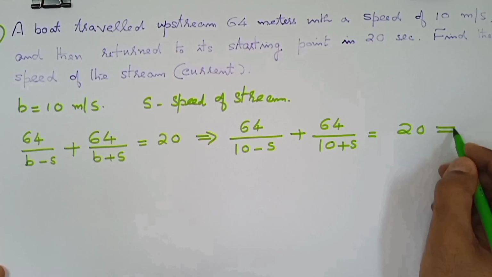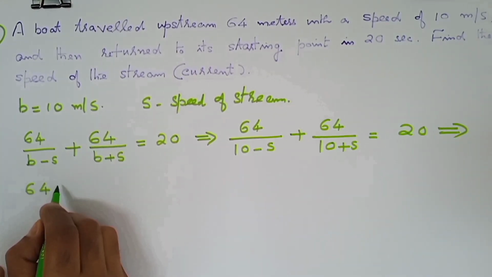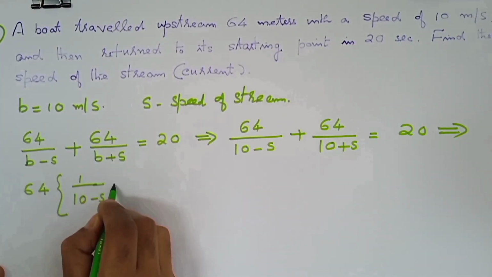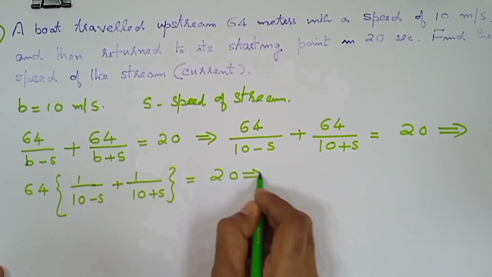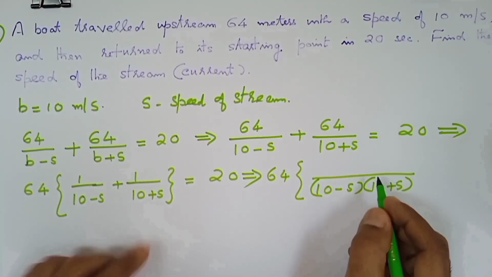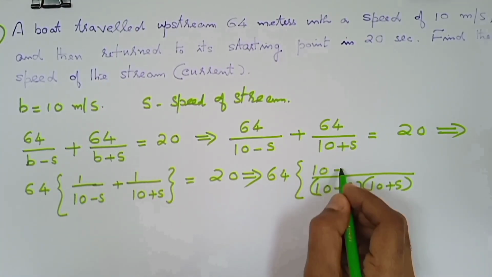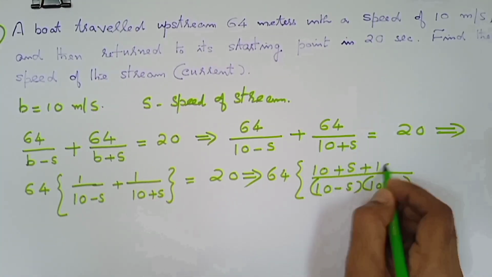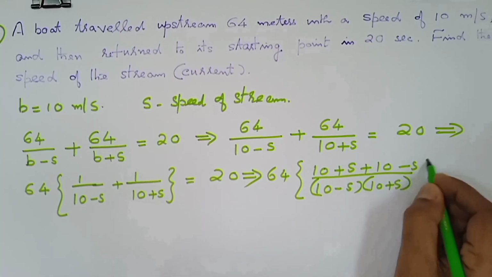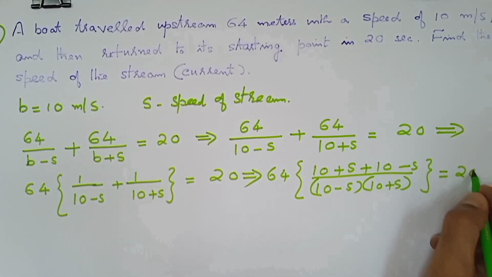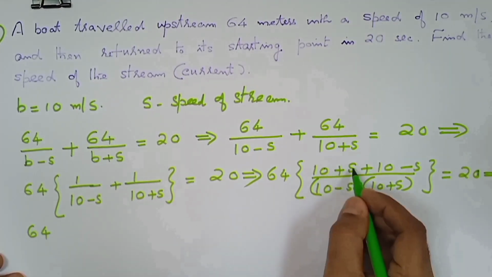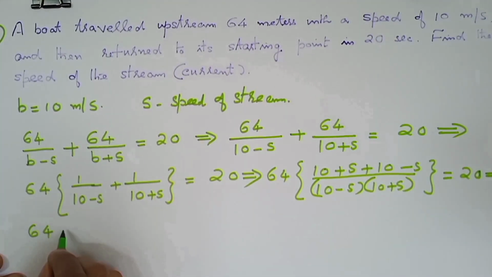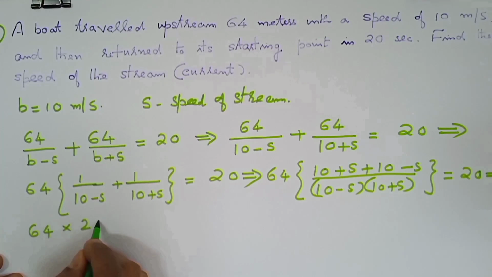64 is common. So this implies 64 times (1 by (10 minus S) plus 1 by (10 plus S)) equal to 20. Now simplify this. 64 times 20, S has gone, so you have 20 over (10 minus S)(10 plus S).